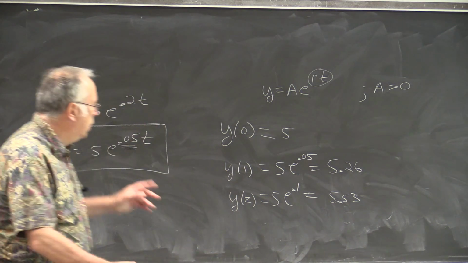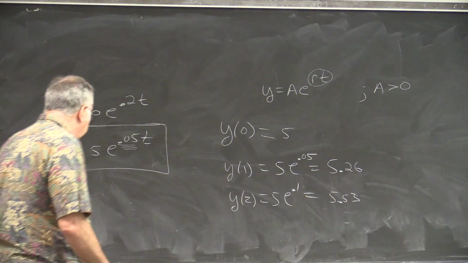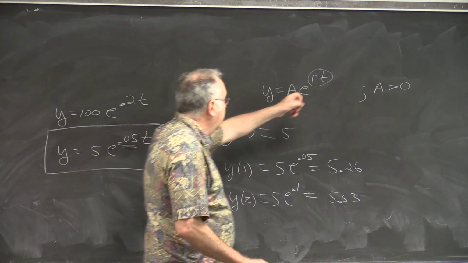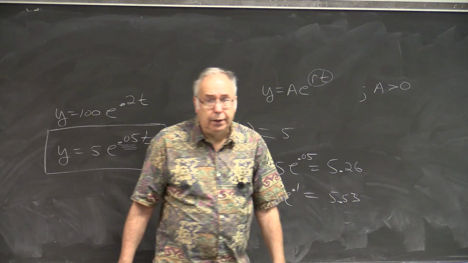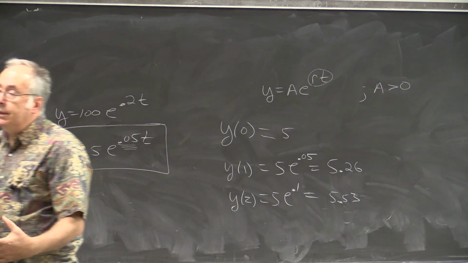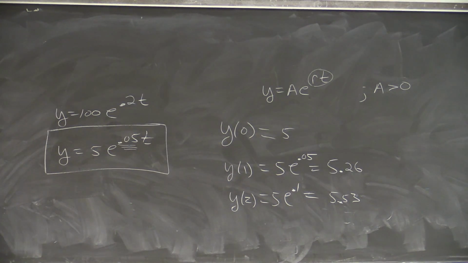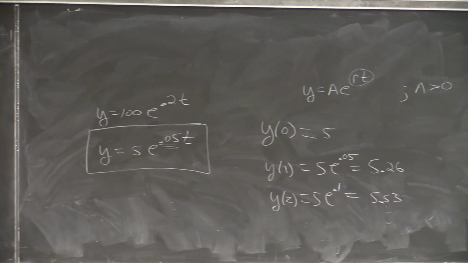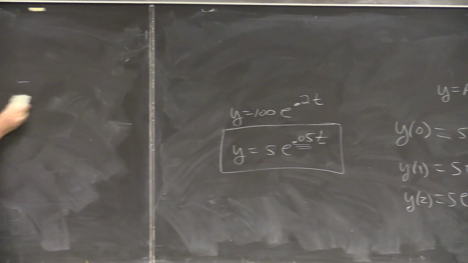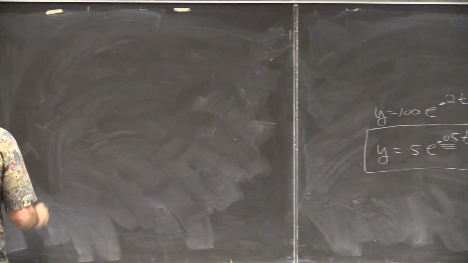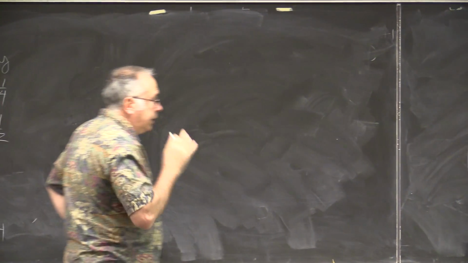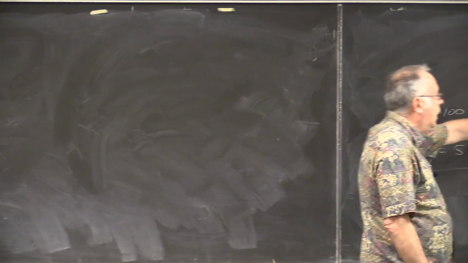All right. Now, let me just prove this result. I just asserted that this little r value here is the instantaneous growth rate. Now, let me define what the instantaneous growth rate is. And notice our dependent variable here is y.